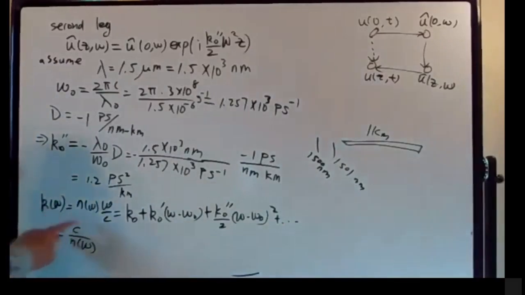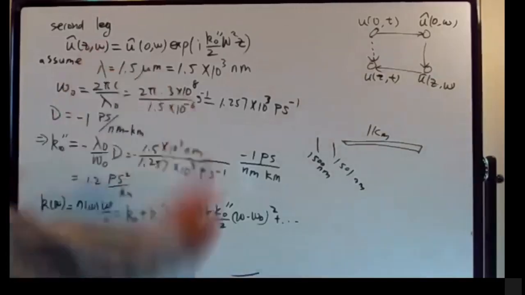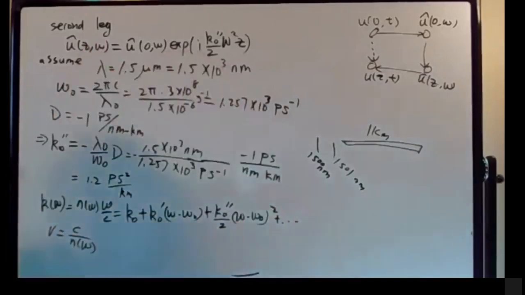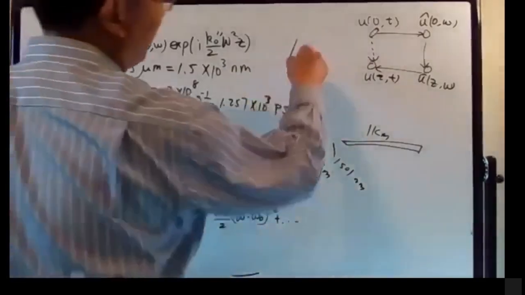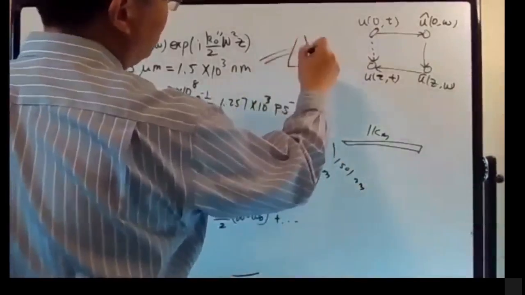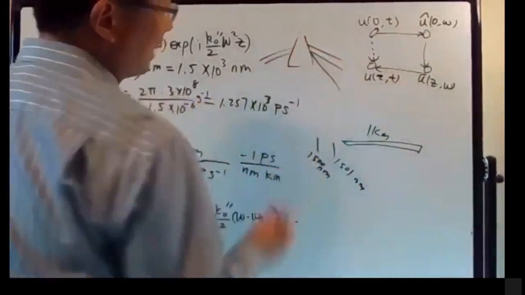So now the k, which is n omega over c, has this n dependence and varies with different frequency. Why? Just like a prism, as I just explained, if you have white light, you can split it up into different RGB.